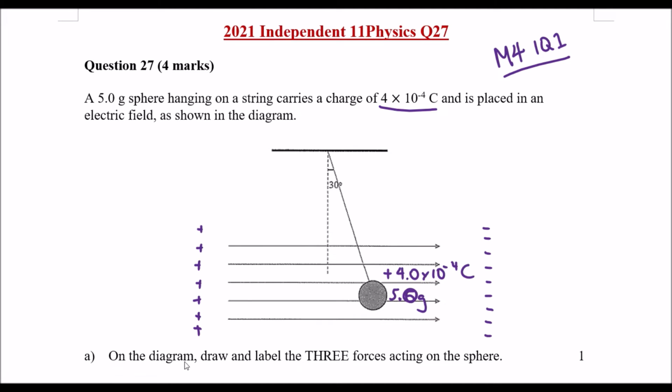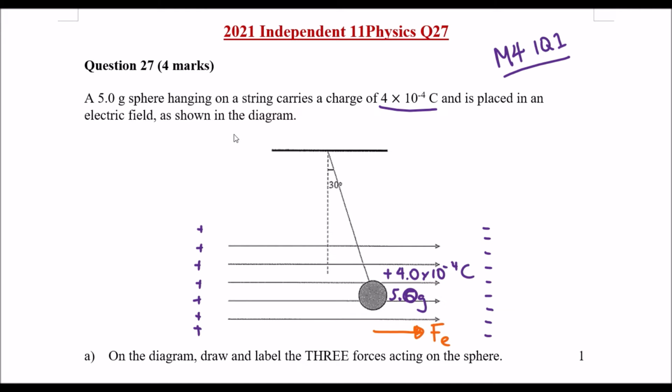In question A, it says, on the diagram, draw and label the 3 forces acting on the sphere. There is an electrostatic force dragging our sphere to the right-hand side.